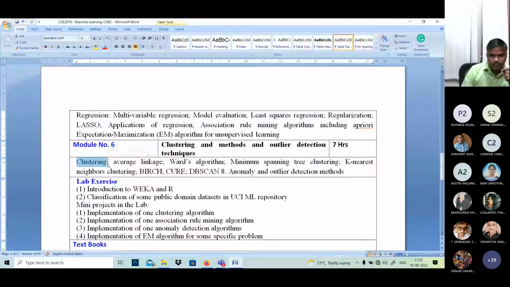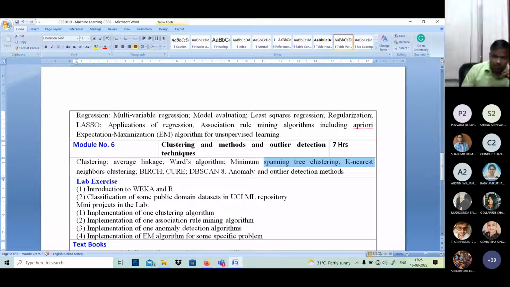In clustering methods, we have different kinds of algorithms. Here, the clustering approaches are BIRCH, CURE, DBSCAN, anomaly detection methods, and outlier reduction methods. These are all clustering concepts.